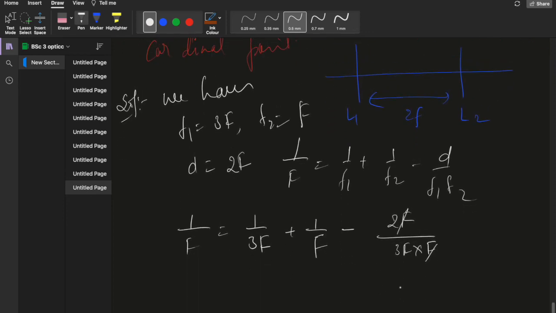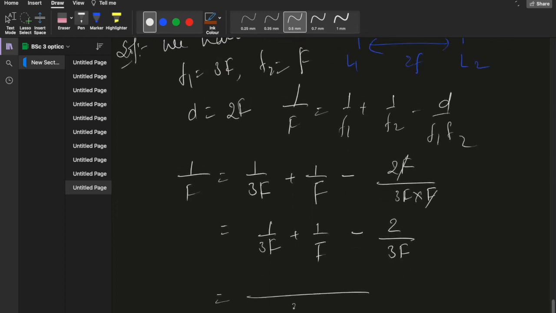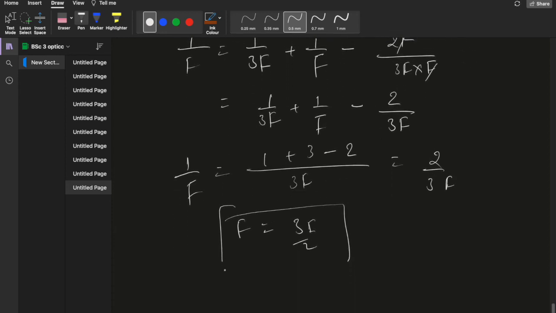Will cancel this f, so the equation becomes 1 upon 3f plus 1 upon f minus 2 upon 3f. Just take the LCM 3f: 1 plus 3 minus 2 becomes 2, over 3f. So the equivalent focal length is 3f upon 2.